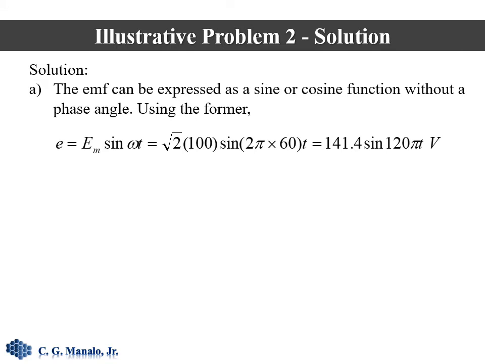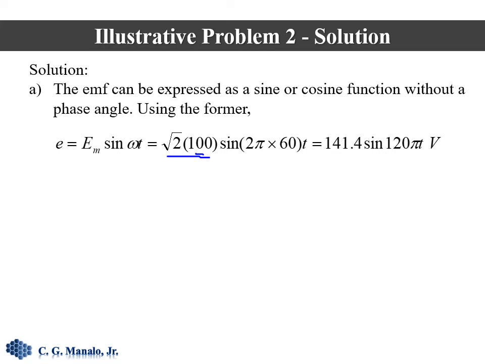Okay, first we need to understand that the source is a sinusoidal source, and if we're given the RMS value, we could always compute for the amplitude of the sinusoidal source, and that would be square root of 2 times the RMS value. And we could express the source in either a sine function or a cosine function.